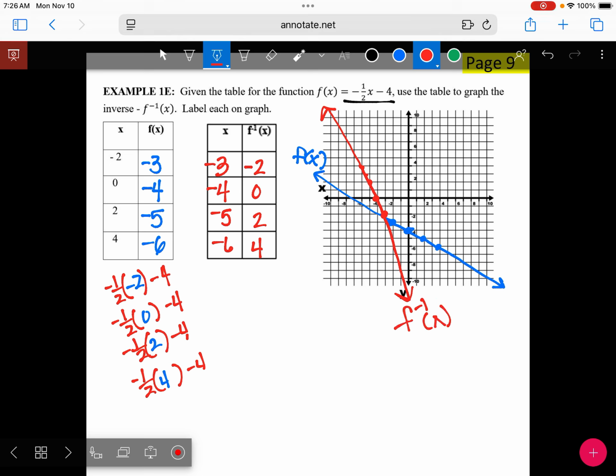So now we're going to figure out how to find the equation of the inverse without using tables.